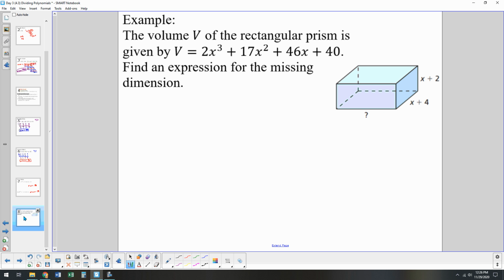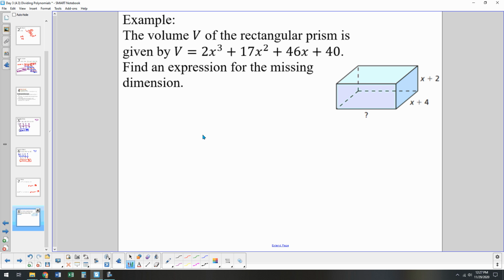The last thing we're going to do for this, we have a bit of a word problem here. The volume of the rectangular prism is given by v equals this polynomial. We want to find an expression for the missing dimension. Since we know that volume of a rectangular prism is length times width times height, we are going to take out the height and the width to find the length from the entire thing.